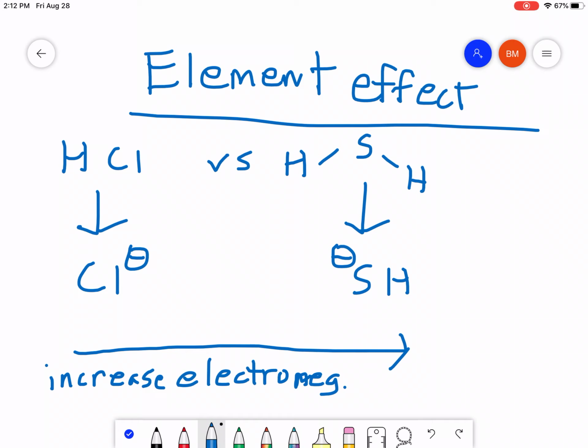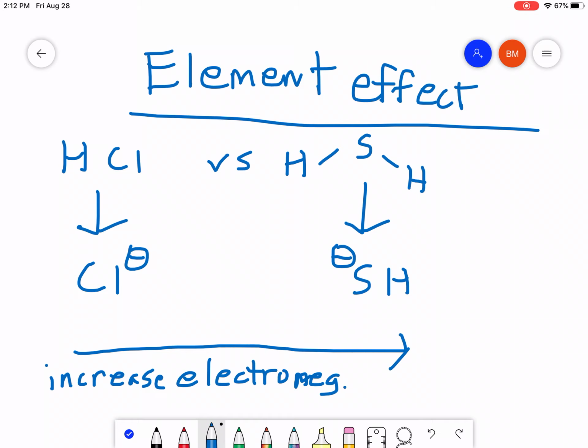Remember, electronegativity is the tendency of an atom to hold electrons. The more electronegative something is, the more it likes to hold electrons, and electrons are negative. So as you go from left to right on the periodic table, you're getting to atoms that are more and more able to withstand extra electrons and extra negative charge.